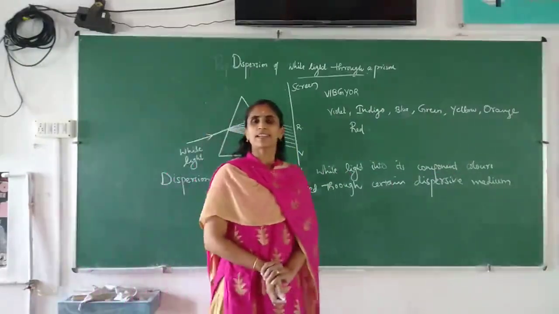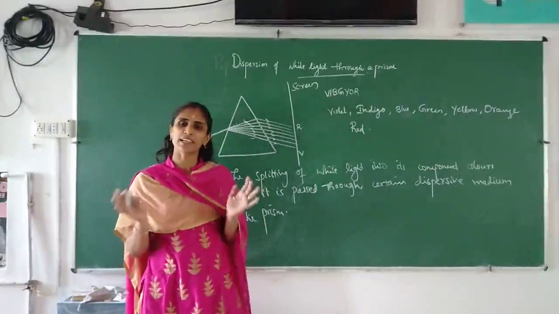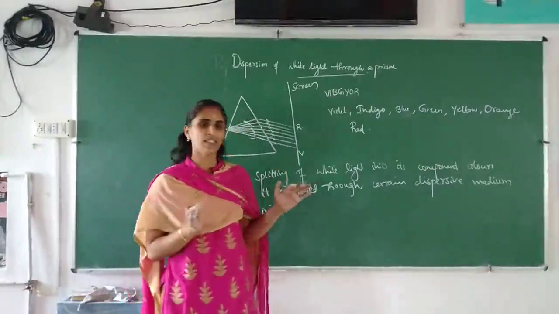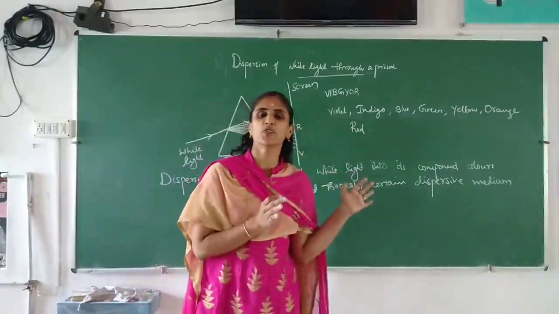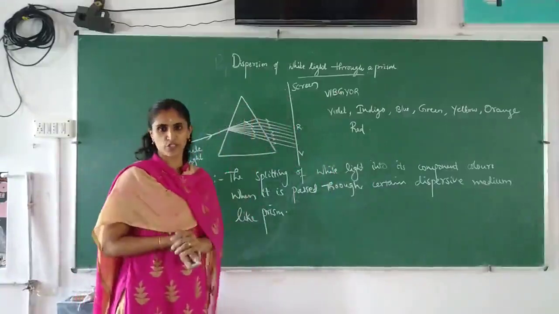Okay, so when the white light is passing through, it will not disperse every time into 7 colors. When it is passing through a dispersive medium like a prism, in that case it will be split into 7 colors, and that phenomenon is known as dispersion.